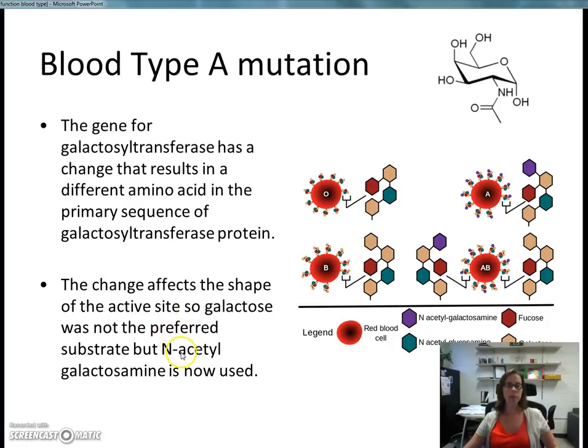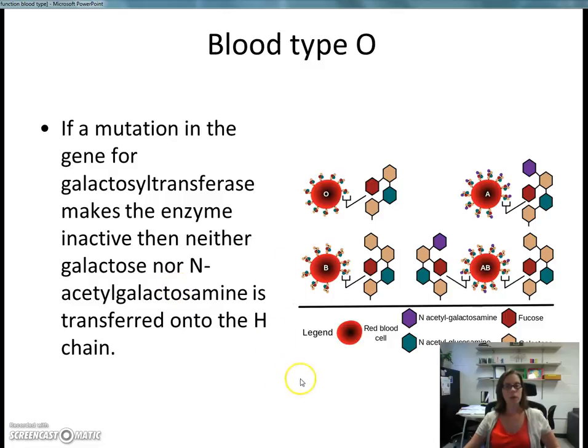And so this mutation causes the enzyme to add that different sugar to the H chain to give you the blood type A. For blood type O, the mutation in the galactosyltransferase actually makes the enzyme inactive. So this enzyme can no longer add a sugar to the terminal end of the H chain. So therefore there's no terminal sugar added in blood type O.